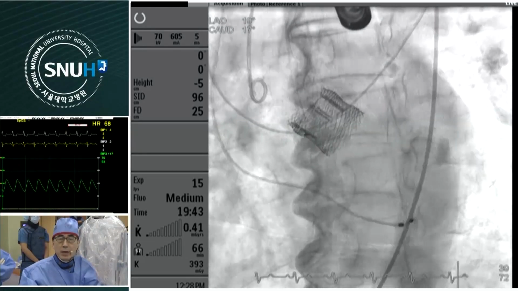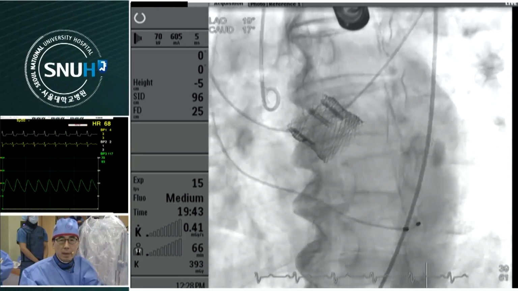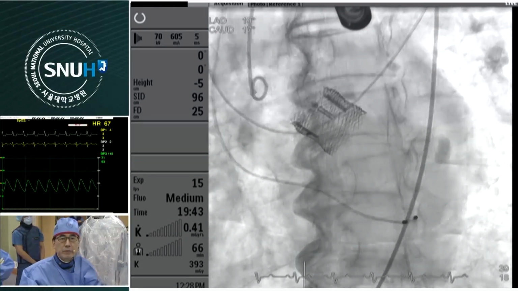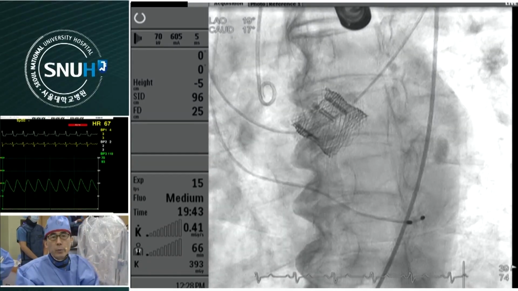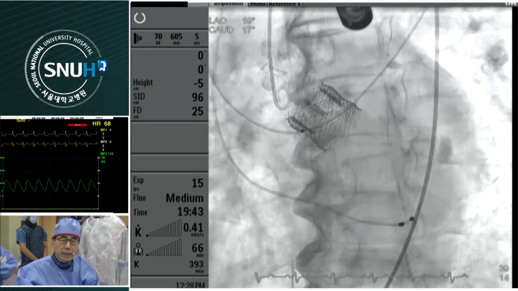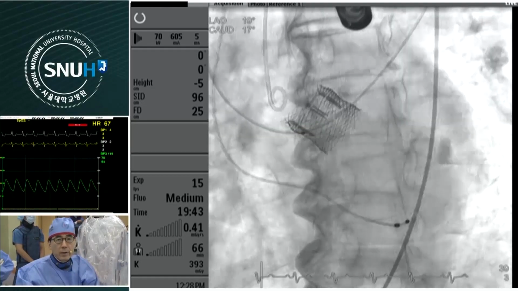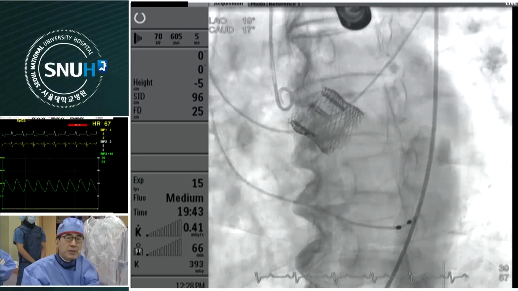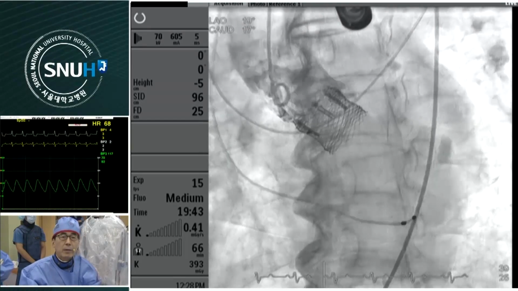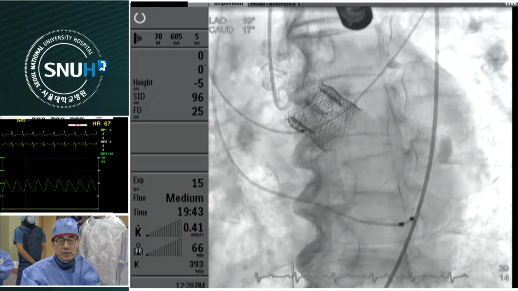But leakage is more common with Evolut R, because there is no outside fabric mechanism to prevent leakage. Thus, if the patient is very old with very poor aortoiliac system, then we can use Evolut R, the safest one. But if you pursue the perfect results because the patient is young, then we have to pursue a more appropriate device such as LOTUS.